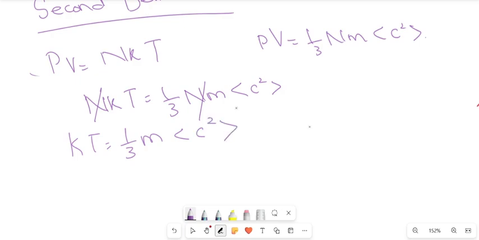Now we're going to take a look at 1 by 2 mC square. Kinetic energy equals 1 by 2 mv square.